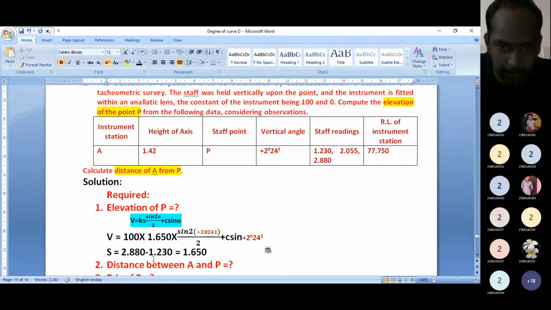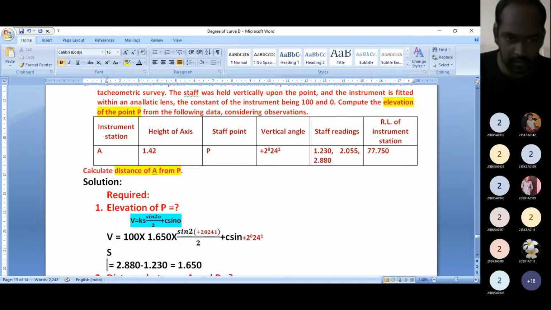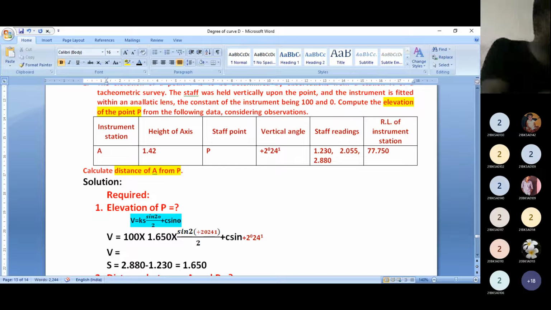C equal to 0. V equal how much is coming? Use the calculator and tell me.